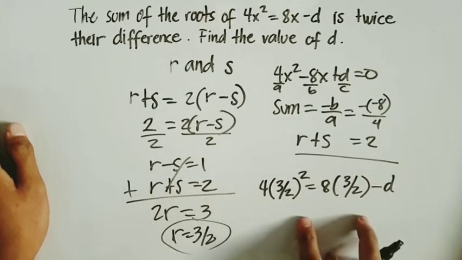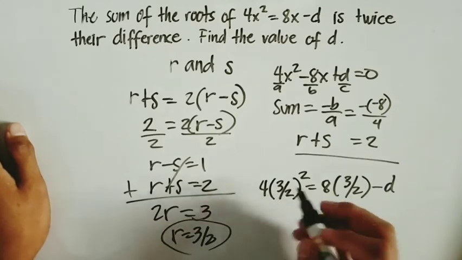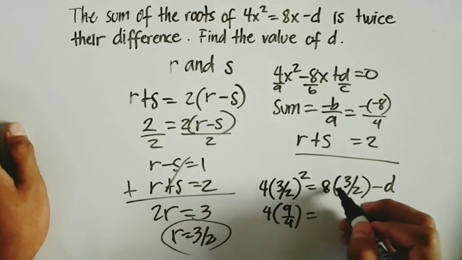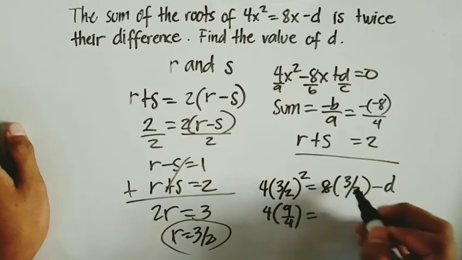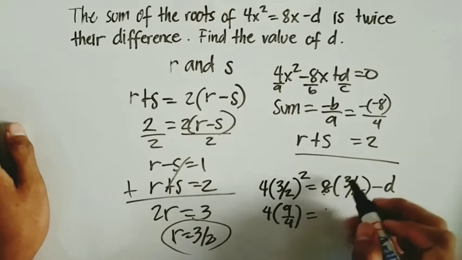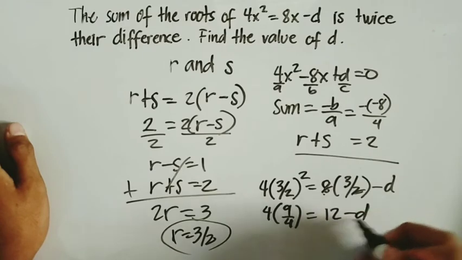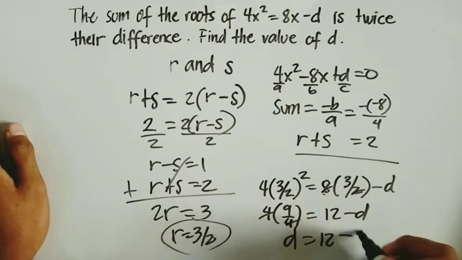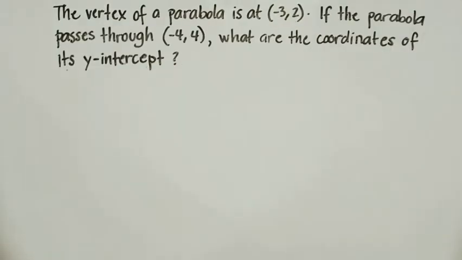And ayan, makukuha natin yung value ng d. So, ito magiging 4 times 9 over 4. Ito makakancel yan, di ba? 4 times 3 na lang, magiging 12. So, lipat natin itong d. Ito mawawala. So, 12 minus 9. That is 3.